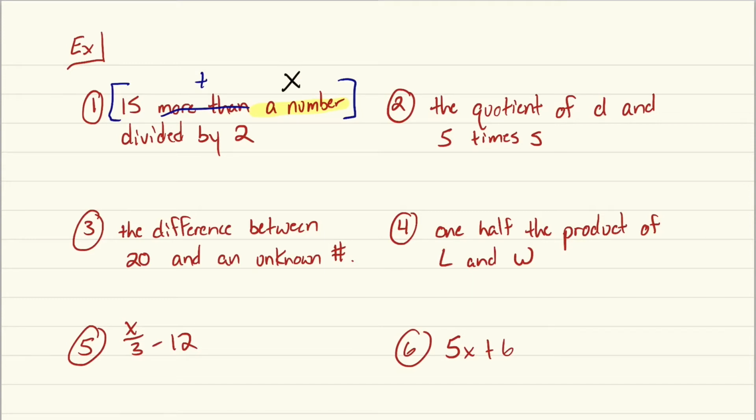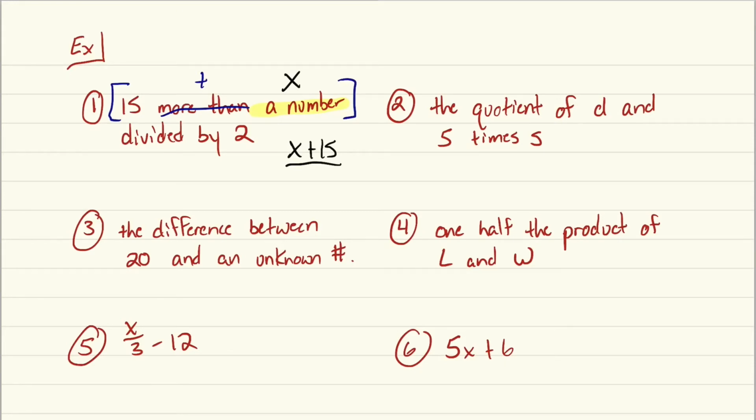So we have 15 more than a number, so 15 plus x, and then after we take that, which I'll just go ahead and write that, I wrote that as x plus 15. You could do it either way, but generally anytime you see the words more than or less than, you put that number on the end. So it's usually backwards from the way that it's written.